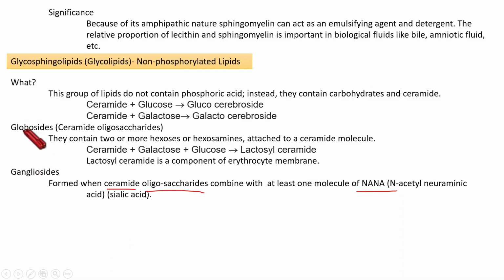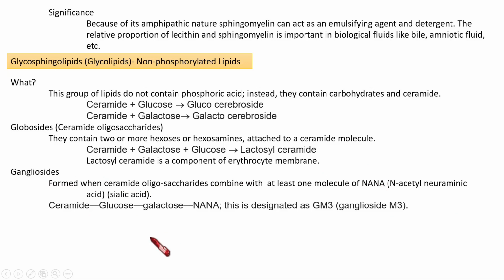When NANA is attached to this globoside, it will become ganglioside. Clear? So ganglioside means ceramide, oligosaccharide, and one molecule of NANA, N-acetyl neuraminic acid or sialic acid.